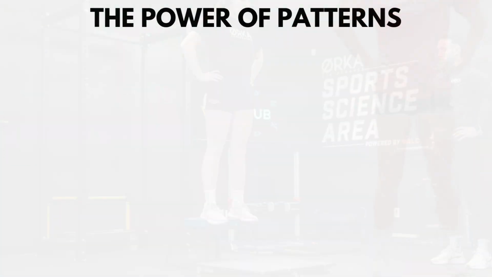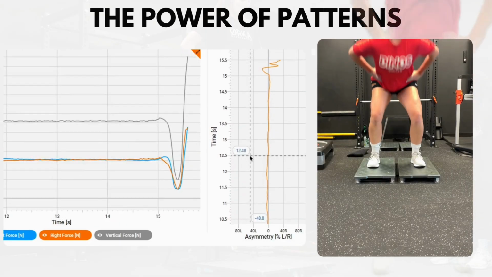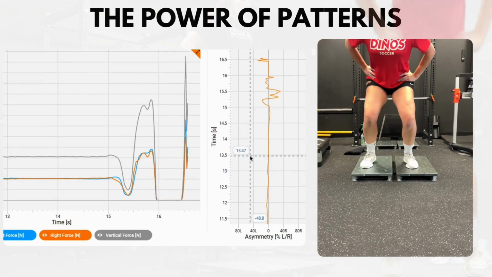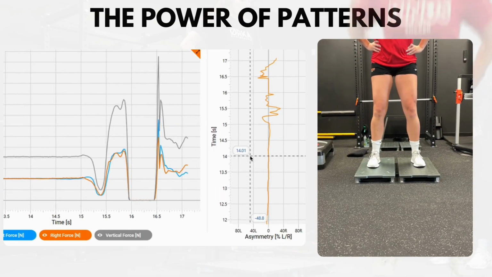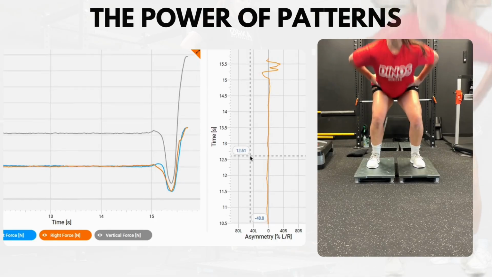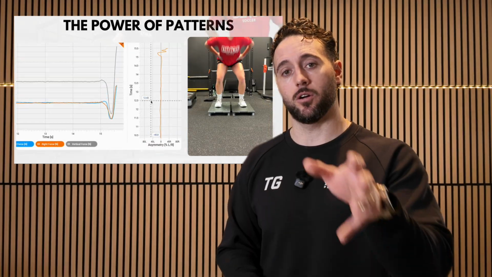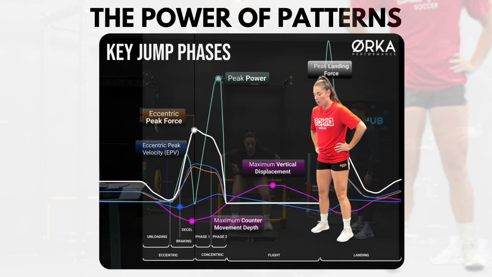And if we want to understand where things are happening, firstly, we have to turn to our phases. So as we bring our athlete Avery through this counter movement jump, we're going to get a waveform that takes place. And we can take a look at force time, or we can take a look at some of the other ones, but we'll start to get a curve. And when we zone into the different aspects of the curve, there's certain time intervals that we're going to take a look at for her.